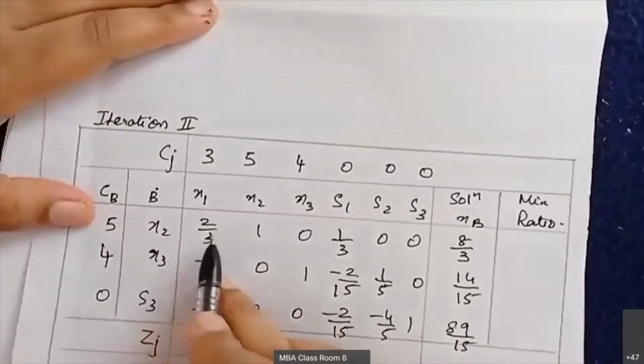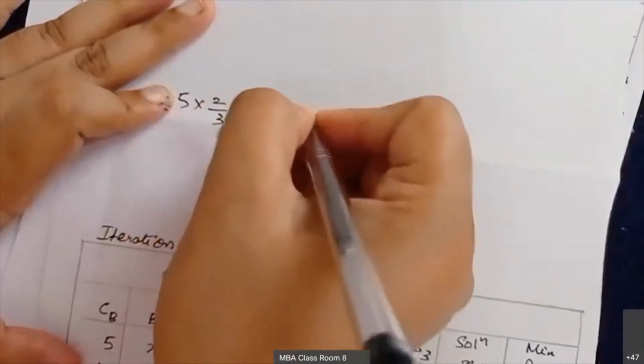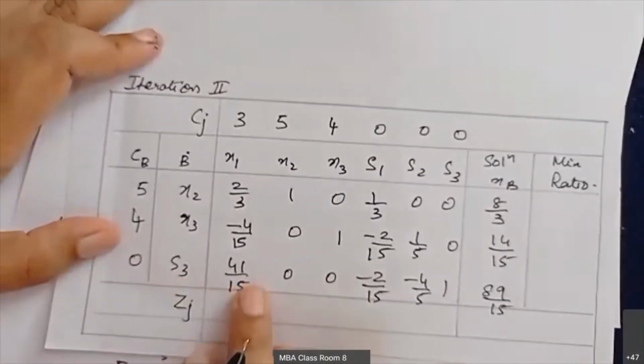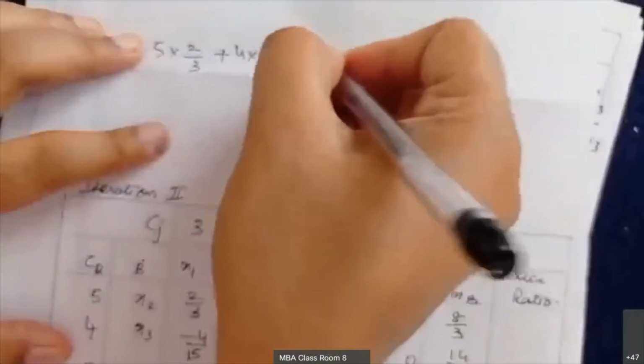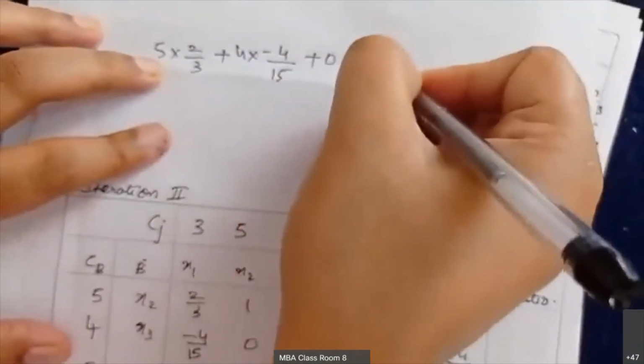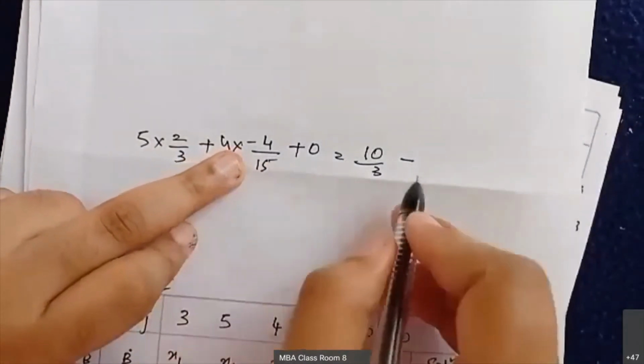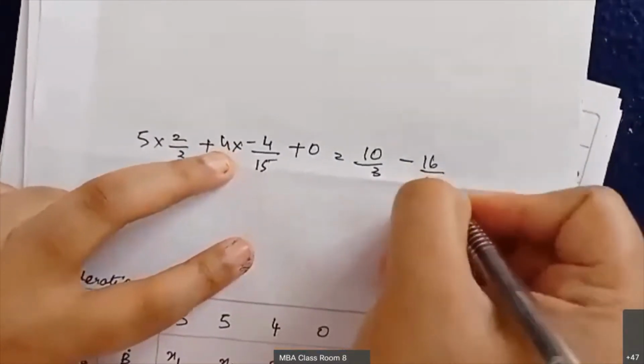5 into 2 by 3, I am writing it on top. 5 into 2 by 3 plus 4 into minus 4 by 15 plus 0 into 41 by 15, that is of no use, so I am putting 0. That is 10 by 3 minus, see over here minus is there, so minus 16 divided by 15.